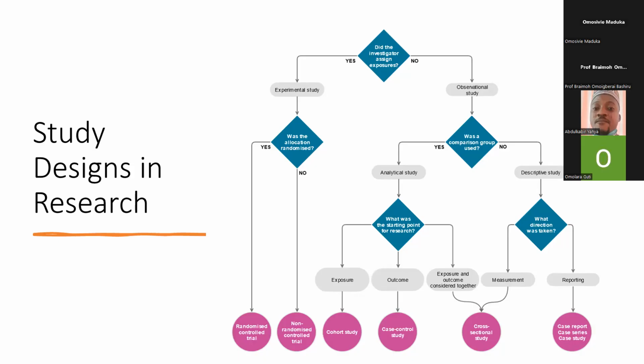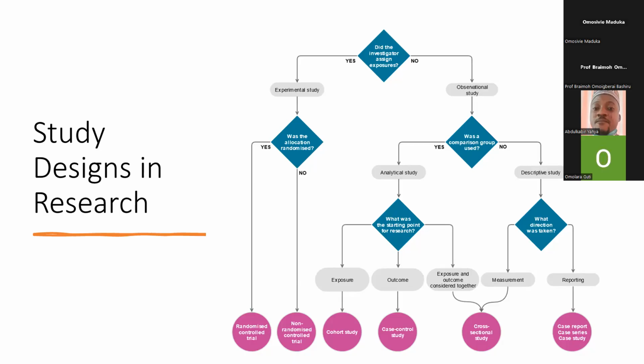If the investigator is actually the one creating some manipulation, causing an intervention in one group and not giving it to another group, or has something that he wants to try out, a drug, a surgical procedure, whatever manipulation, whatever intervention, whatever experiment that the investigator wants to carry out, if it's something the investigator and team are actively going to do and measure the effect of, then you have an experimental study design. When we go into observational, I will quickly talk about that in the next few minutes so that we can make progress.